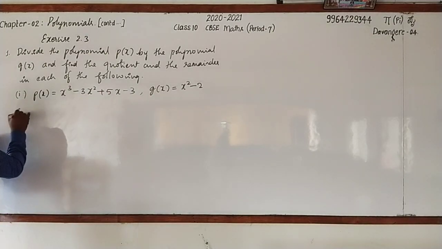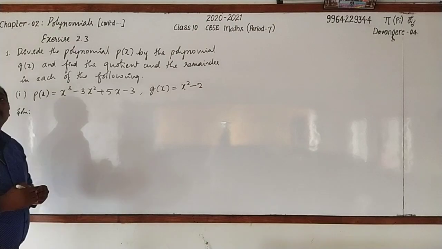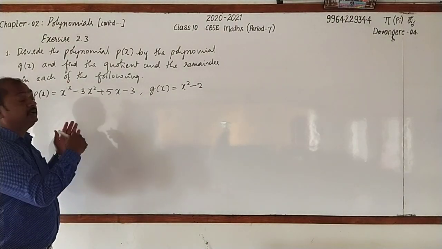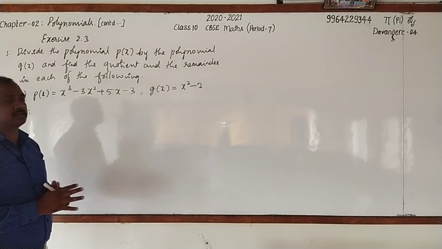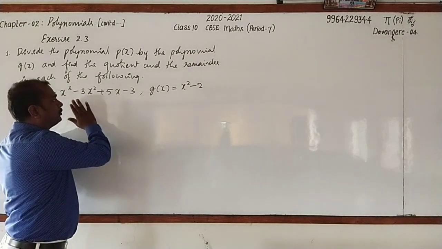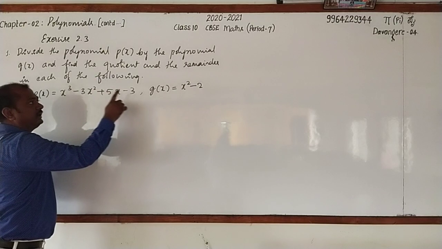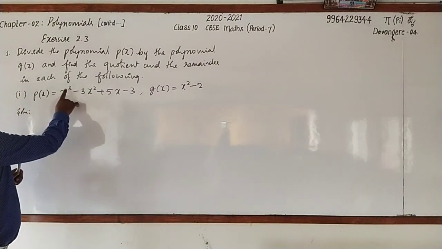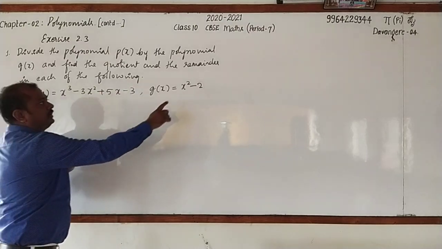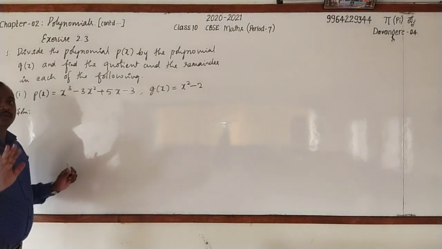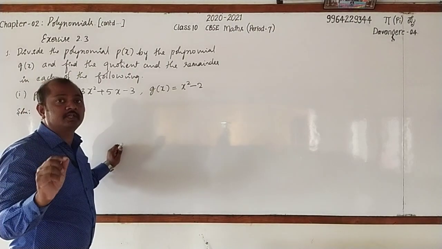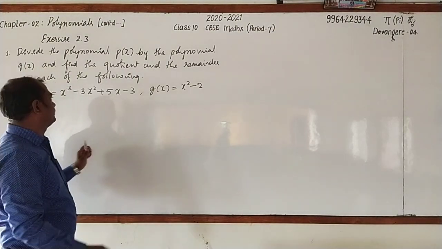Okay. Here, dear students, you all know what is the very first step to be followed in case of division of polynomials. You have to check whether both dividend and divisor are in standard form or not. Check them. Here 3, 2, 1, 0. Here 2, 0. They are in standard form. And the second important point is you have to check whether any term is missing.